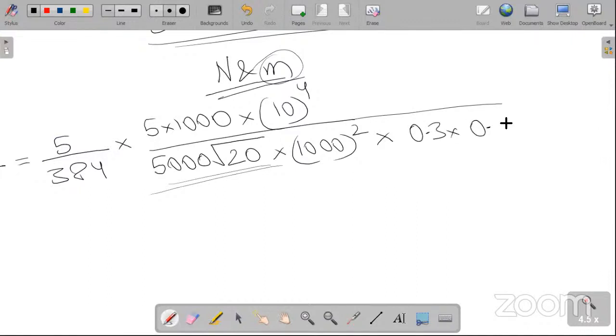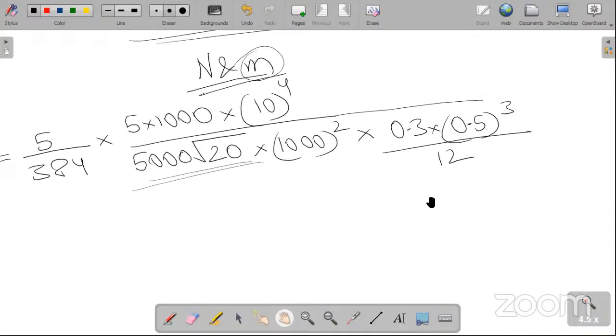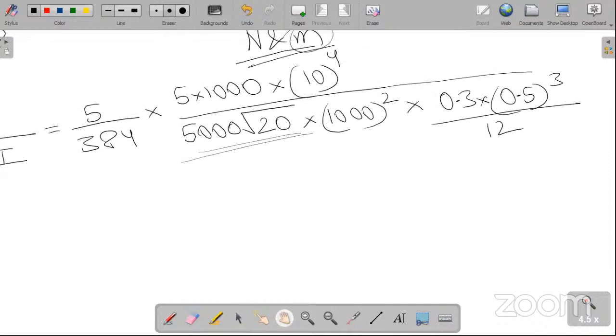BD cube by 12. And now let me calculate the final value. This is in meter already.